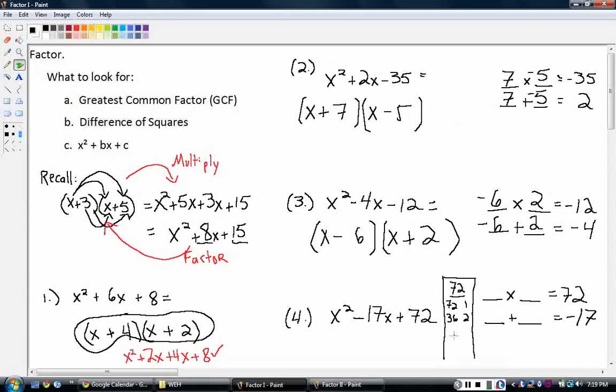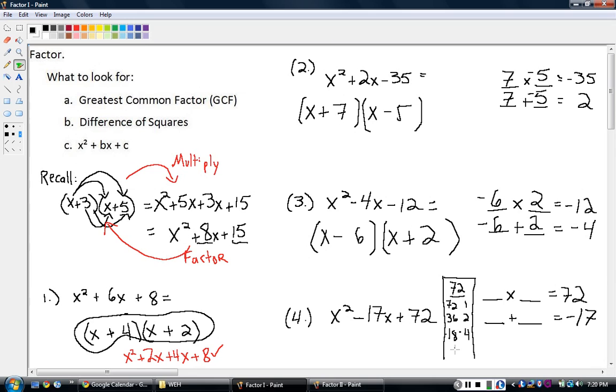What else? Does 4 go into 72? 4 goes into 72. Okay. 4 times what gives you 72? Should be 18. Okay, and that's getting me closer to negative 17 if I make both of those negative. Alright, they're both going to have to be negative. That's negative 22, so that's not going to work.